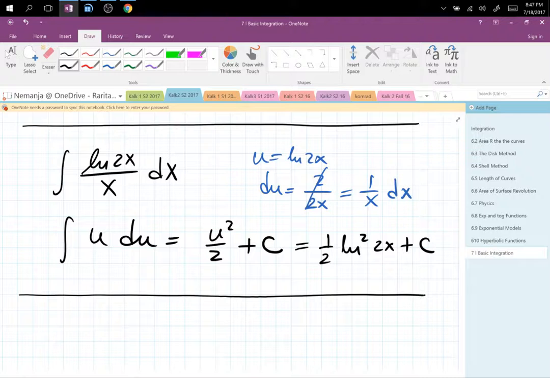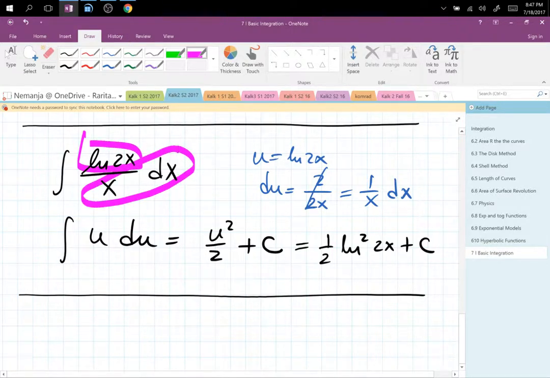Oh, that's your dx. Yeah, that's what I had, but I canceled the 2's. Okay, so yeah, it's 1 over x. The 2's cancel, right? Yeah, 2's cancel, but you forgot you had another x there. All of this is u, and all of this is du. So it's just u times du. Right?